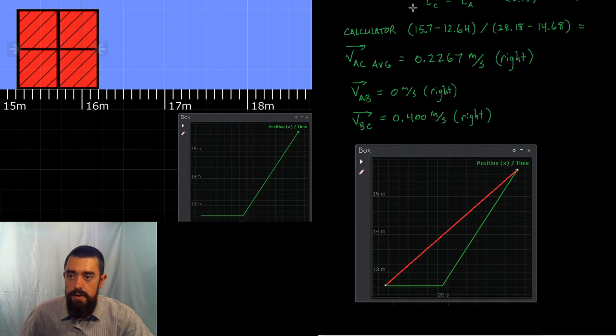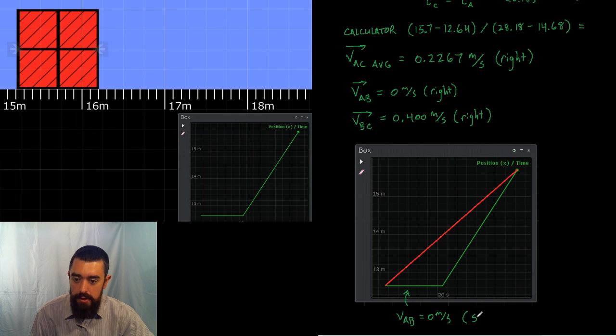So the velocity throughout here was, let me make a little arrow, velocity AB, equal to 0 meters per second throughout the entire thing.